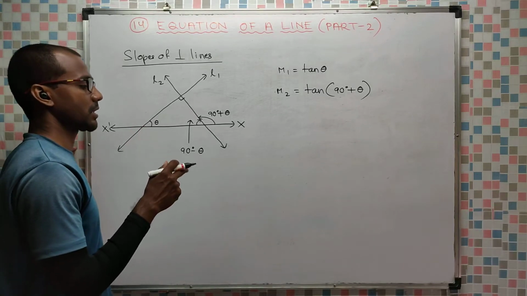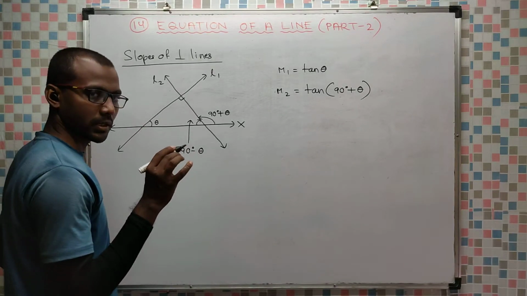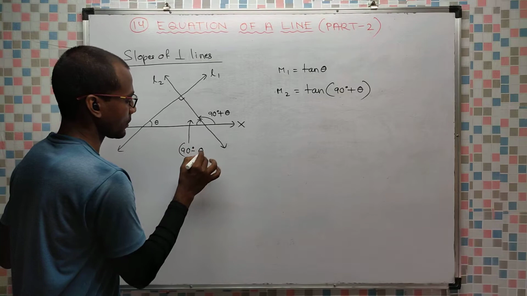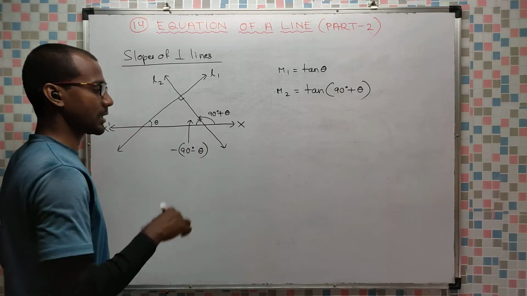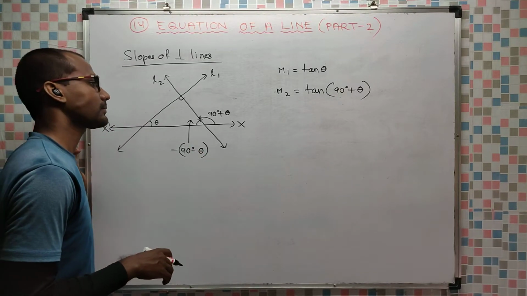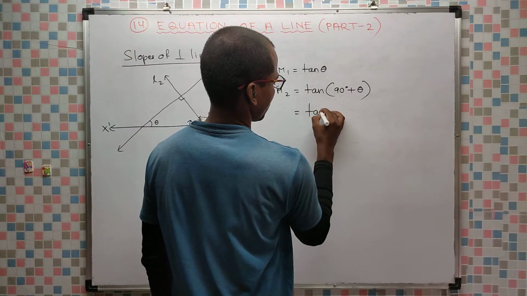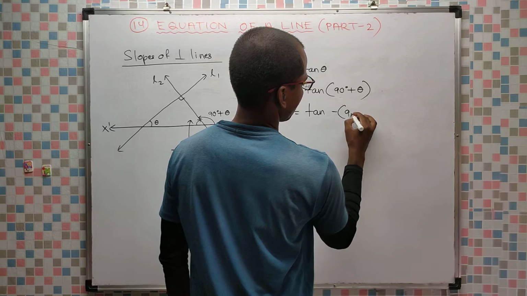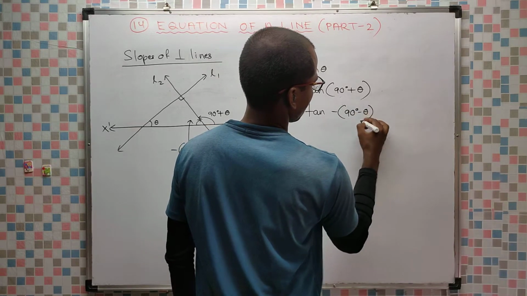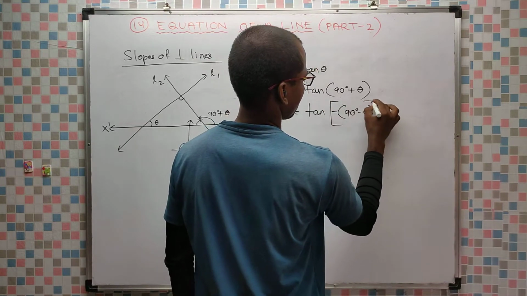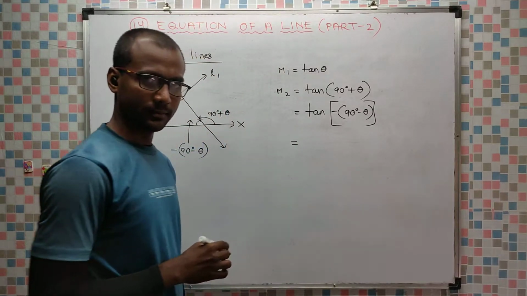But since it is measured in the clockwise direction, it will simply not be 90 degrees minus theta, it will be minus of 90 degrees minus theta. So instead of 90 degrees plus theta, we can put minus of 90 degrees minus theta.